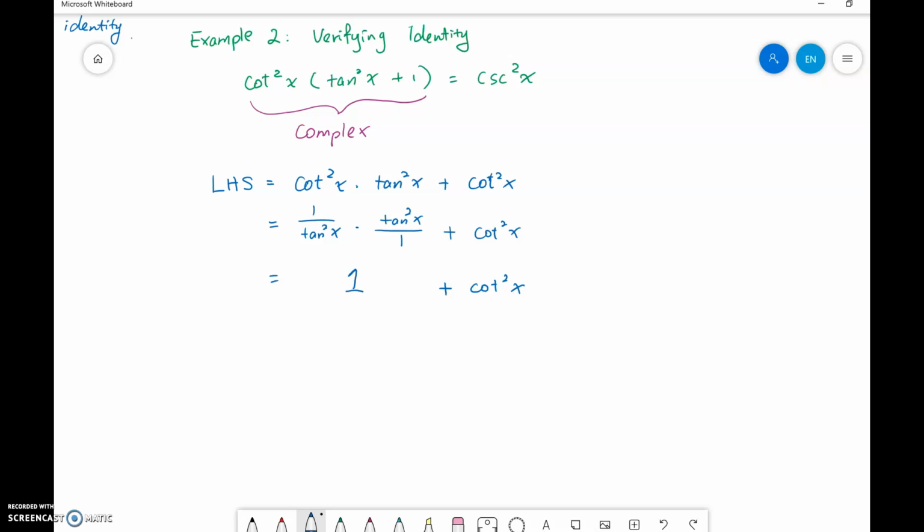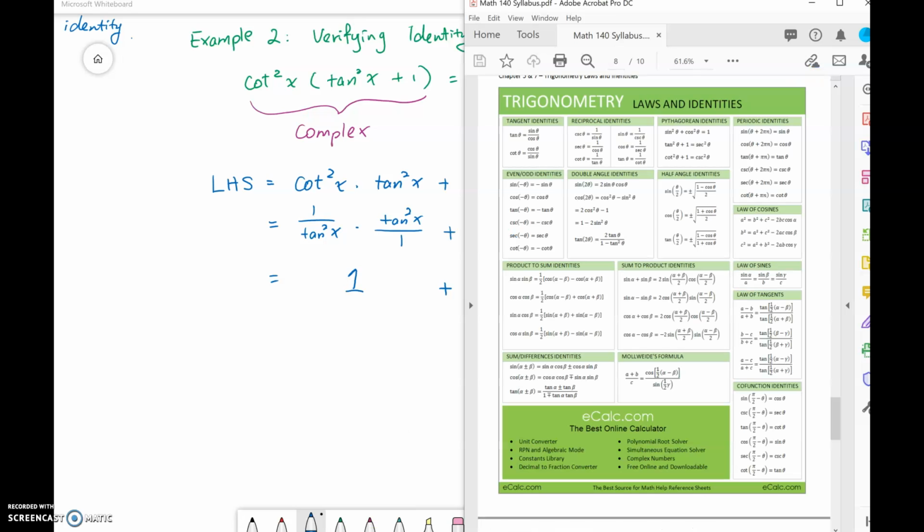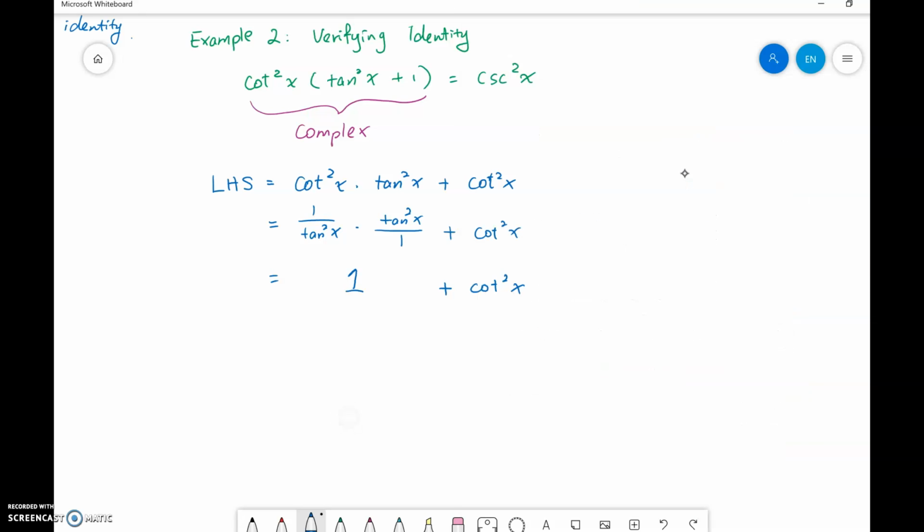After simplifying the left-hand side, I end up with 1 plus cotangent squared x. From the identities, 1 plus cotangent squared x equals cosecant squared x. So this equals the right-hand side. I'll write one more step, which is equal to the right-hand side.